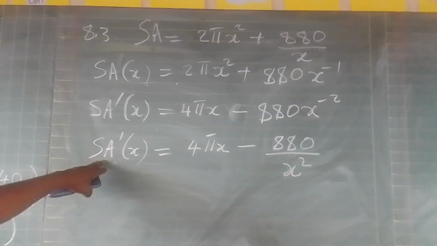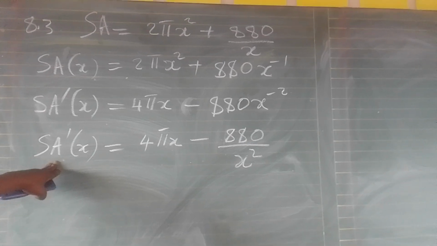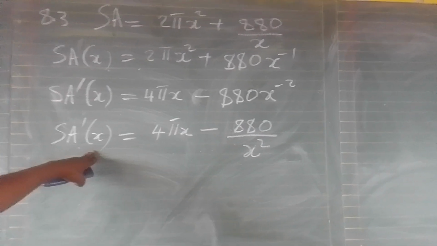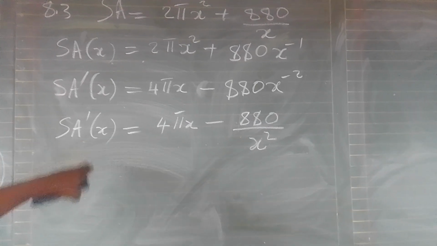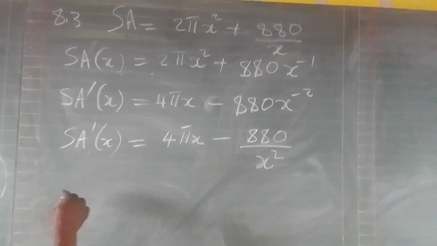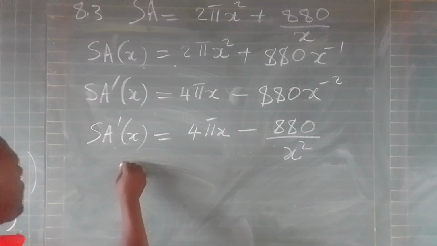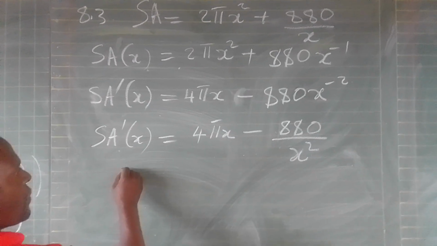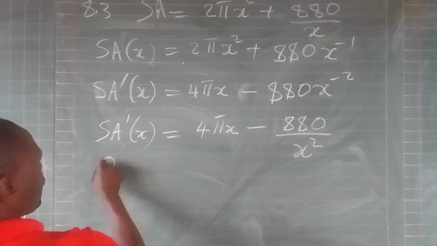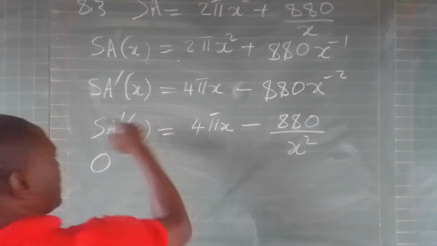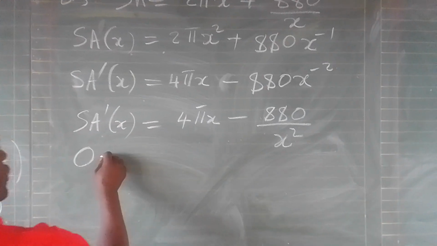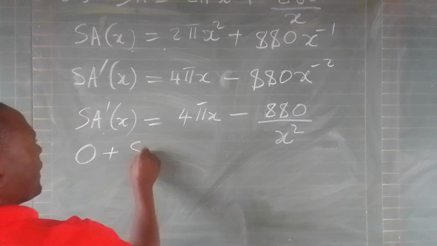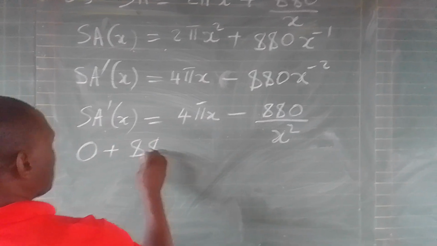We know that at the derivative point, SA with respect to x is going to give us a 0. So we are going to say 0.